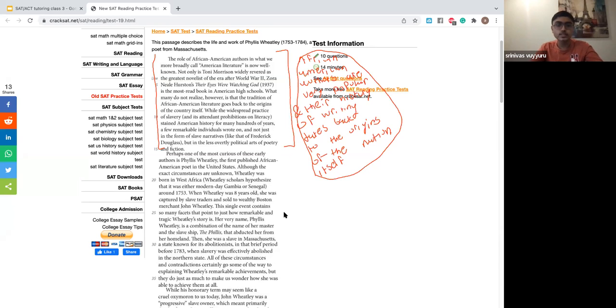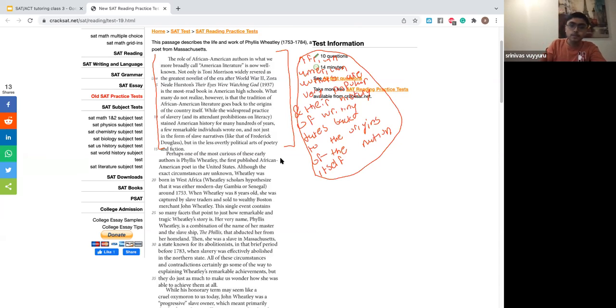This single event contains so many facets that point to how remarkable and tragic Wheatley's story is. Her very name, Phillis Wheatley, is a combination of her master and the slave ship, the Phillis, that abducted her from her homeland. Then she was a slave in Massachusetts, a state known for its abolitionists in that brief period before 1783, when slavery was effectively abolished in the northern states. All of these circumstances and contradictions certainly go some of the way to explaining Wheatley's remarkable achievements, but they do just as much to make us wonder how she was able to achieve them all.